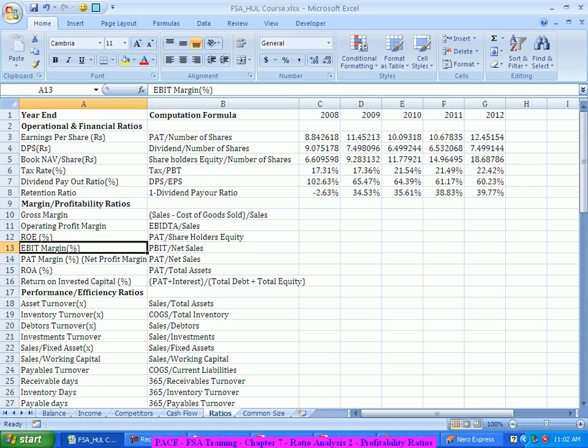I'll get the EBIT, which is generally taken for all kinds of valuation purposes, because the money left in the EBIT will go to three players. One, it will go to the interest, which goes to the debt investors or lenders of the company.